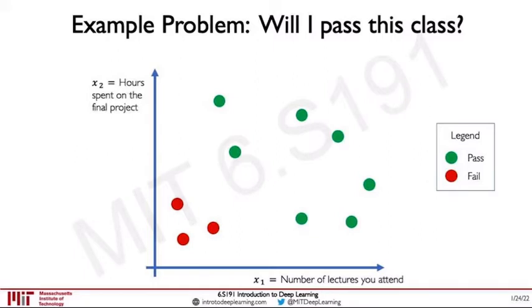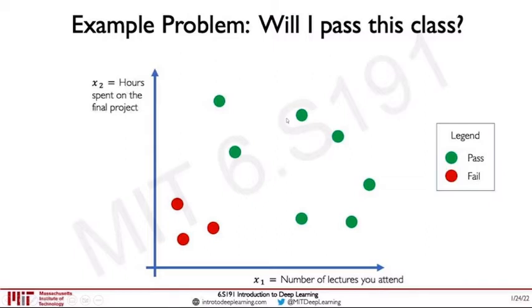Stuff like that. As you can see, the scatter plot is not linear in nature, where the green ones are those who eventually pass the class. Here we're using historical data, data points on those who already passed the class. Three students eventually failed the class in the data set we're going to use.